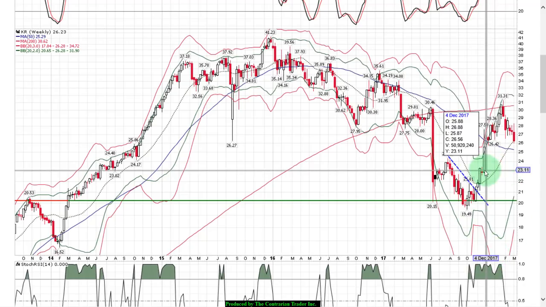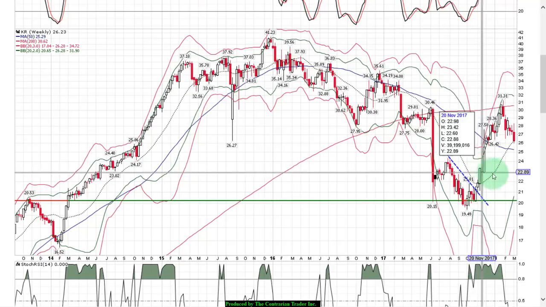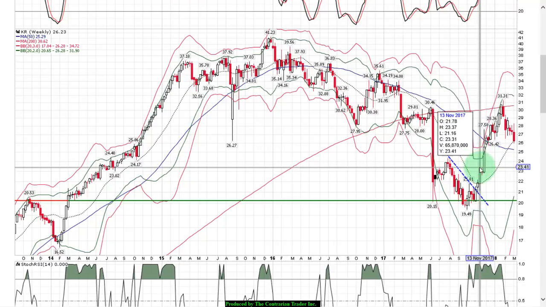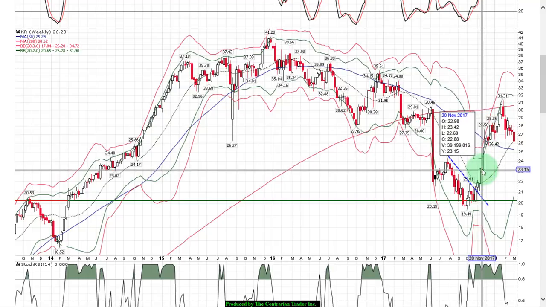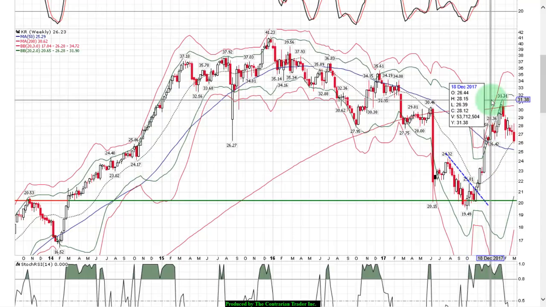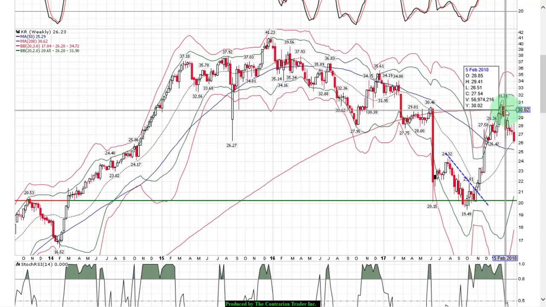All right, so that video was recorded right here, the week of November the 20th. We did break out to a new weekly high, and it was off to the races. If you bought on that new weekly high, you made a large sum of money if you got out on this key reversal week.